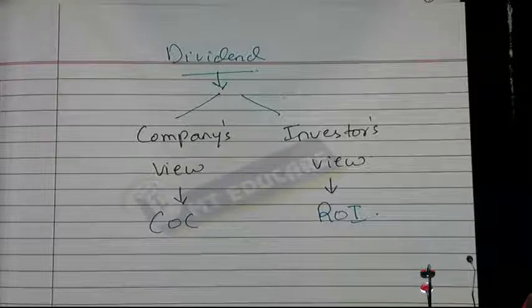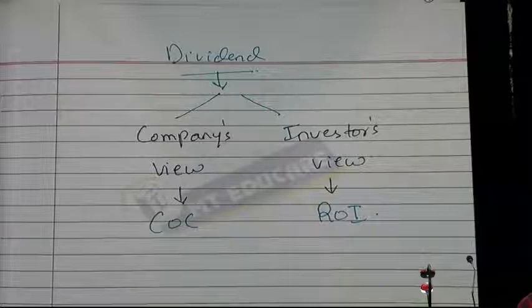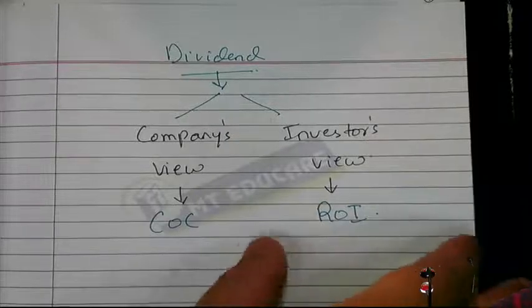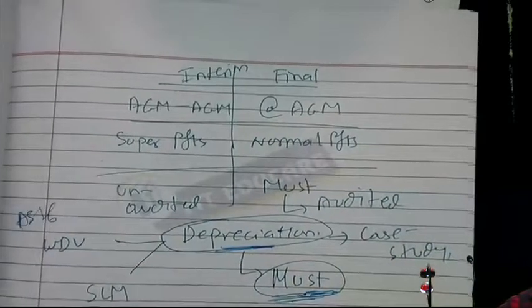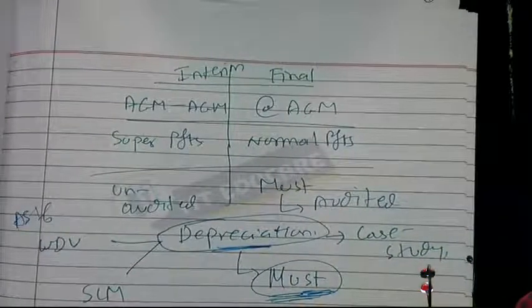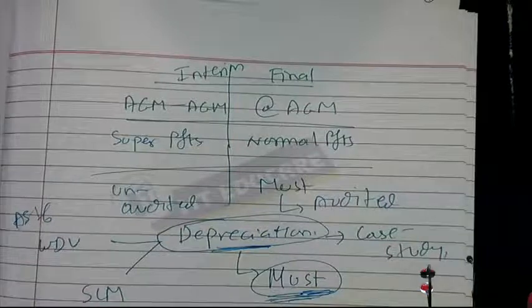Whereas from the company's point of view, dividend is a cost of capital. Full stop. Next point. Now, if you want to divide the page, you can divide it and write down interim and final.